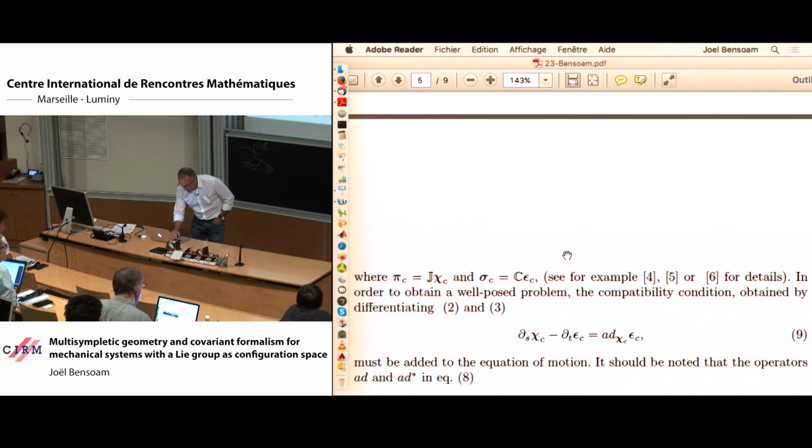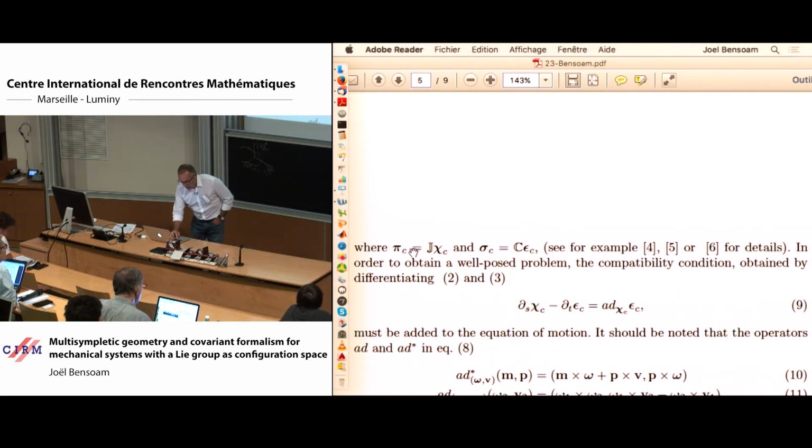The momenta is related to the velocities through the inertia matrix, and this is the strain, and this is the force, and it's related by the Hooke matrix.